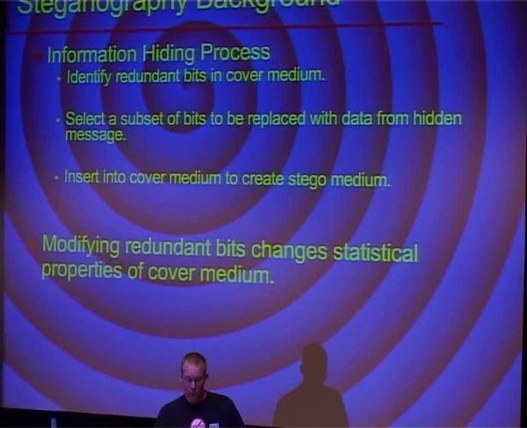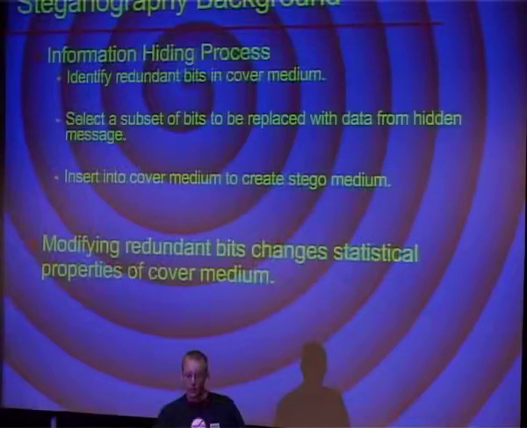Now the system selects a subset of these redundant bits to replace them with the bits of the message that you want to write. The way you do that can be done in all different ways. This applies both to classical and modern steganography.